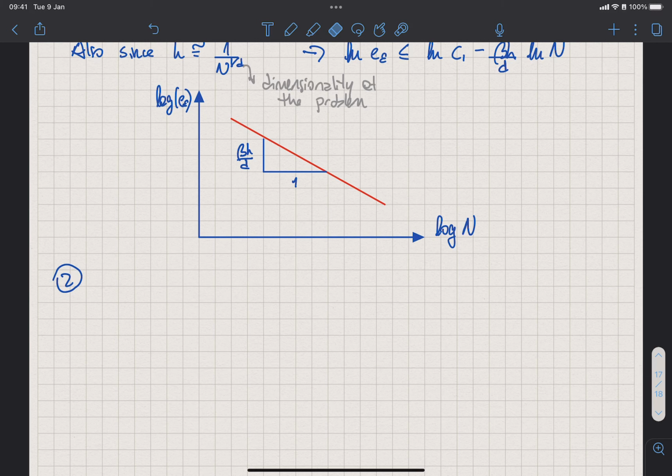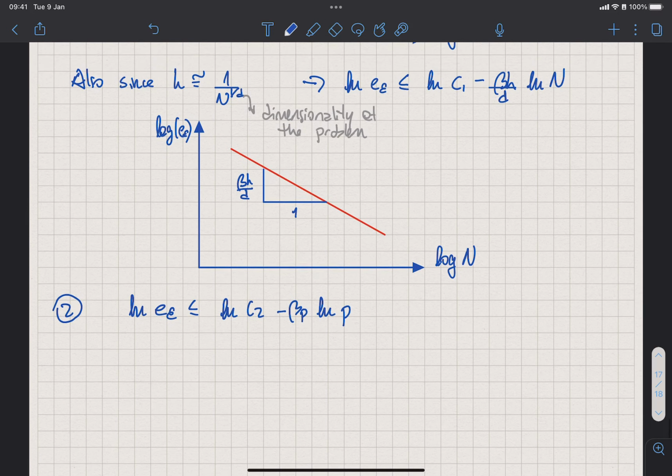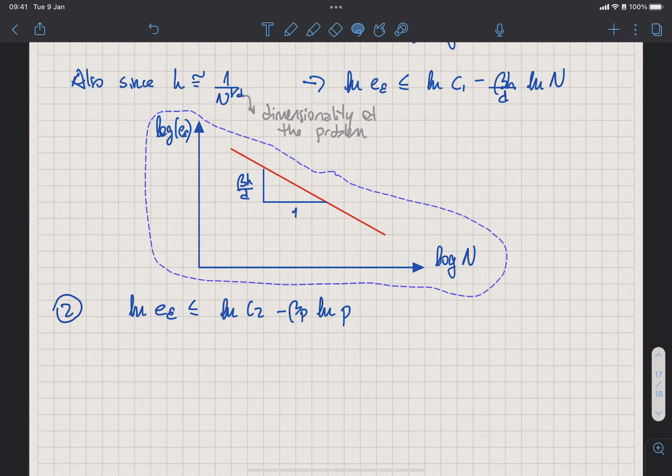And so if you remember the expression, it was bounded by C2 divided by p to the power of beta h. Well, if we apply log to that expression, what we get is this expression here. So similarly, it's very similar to this curve.